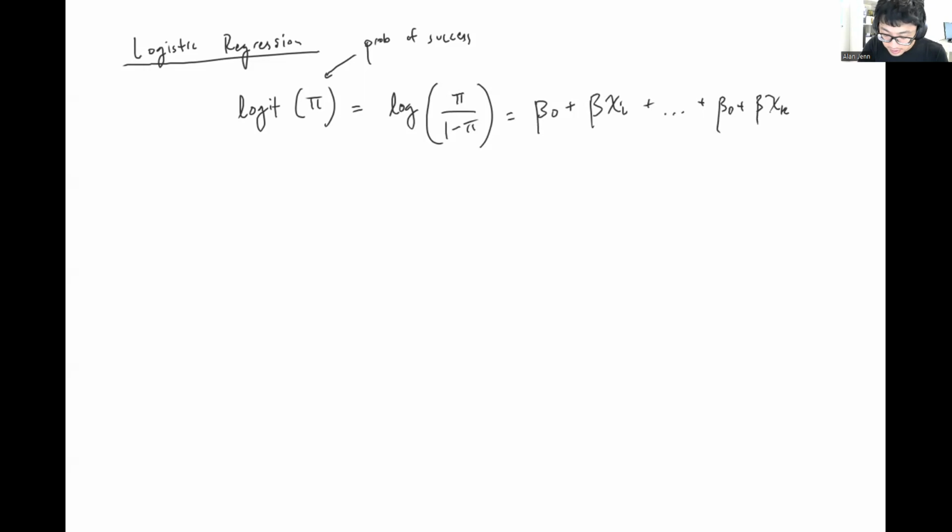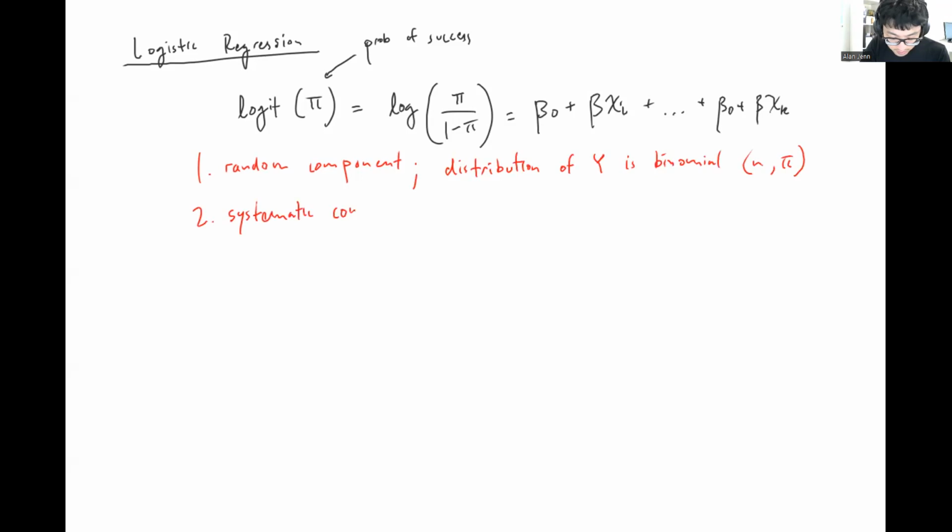In this case, our random component, the distribution of y, is binomial, n comma pi. Our systematic component is linear.